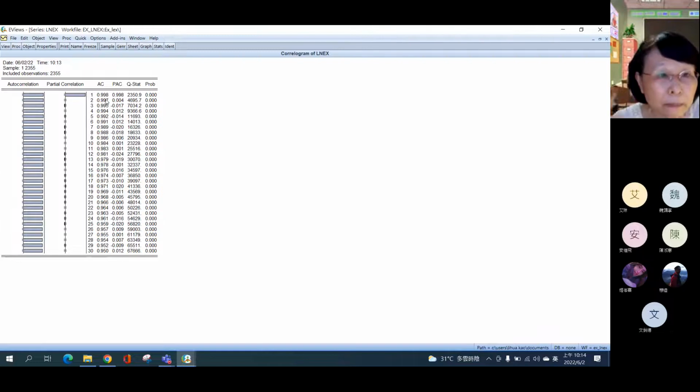We just look at the correlation of all the observations, the lags. So if we see this, it means the observations are really autocorrelated.